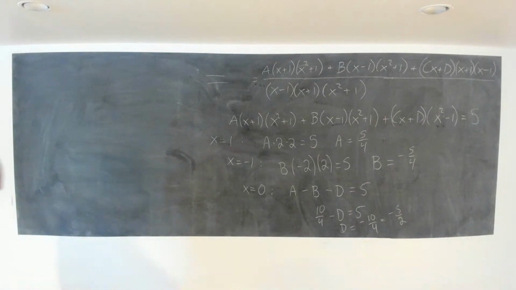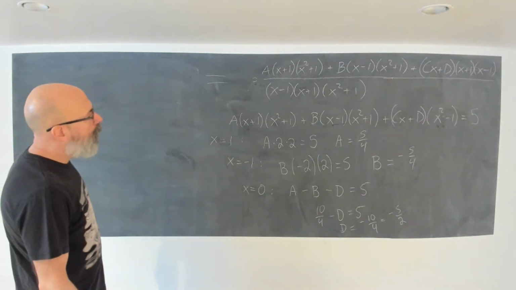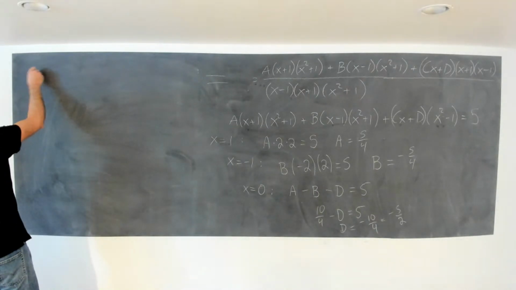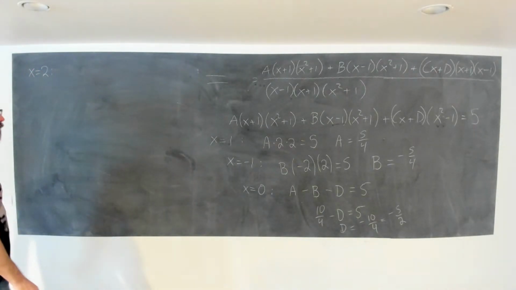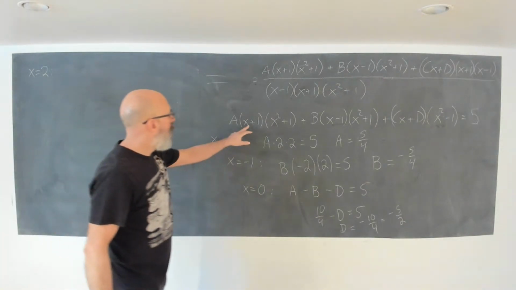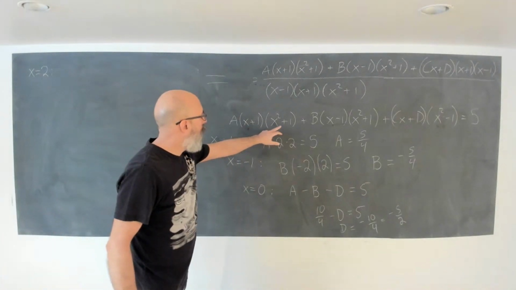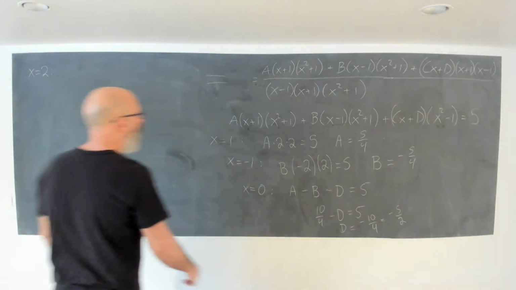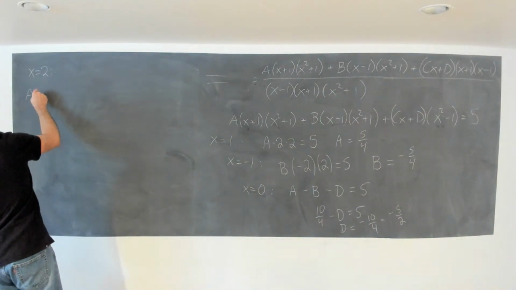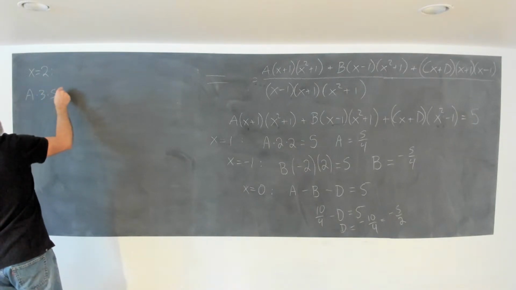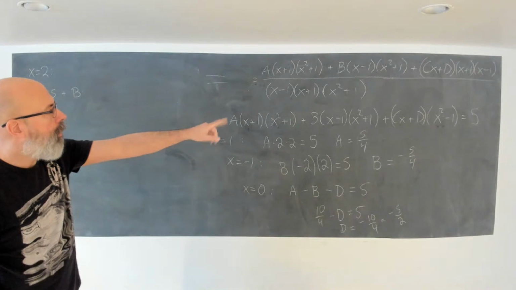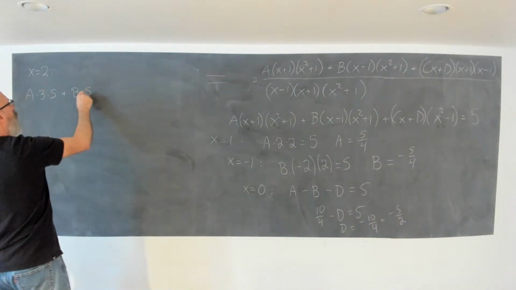So I don't know if you want to plug in. Shall we say x is 2? If x is 2, this is 3, this is 5. So A times 3 times 5 plus B times 1 times 5.